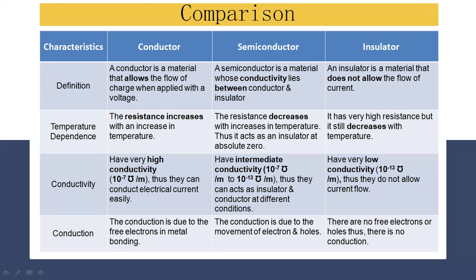If we talk in terms of conduction, the conduction is due to free electrons in metal bonding in a conductor, whereas in a semiconductor, the conduction is due to the movement of electrons as well as holes, whereas in an insulator, there are no free electrons and holes, and hence there is no conduction.